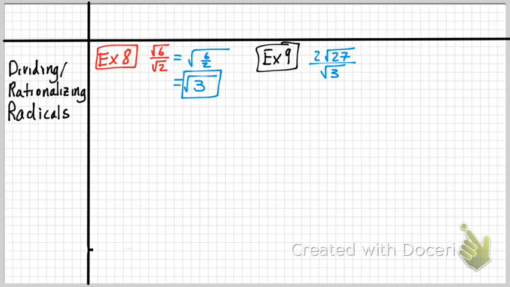Step 2 is divide numbers inside the radicals. So we're going to divide the numbers that are inside the radicals. So 27 divided by 3 is 9, and then we simplify. So this is 2 times the square root of 9, which is 2 times 3, and that's going to be 6.